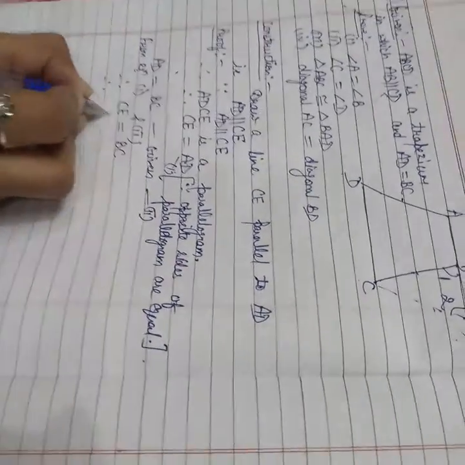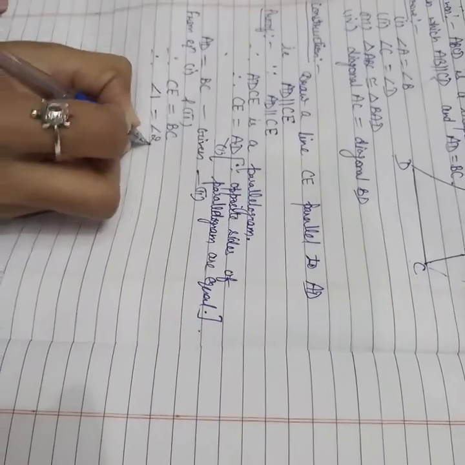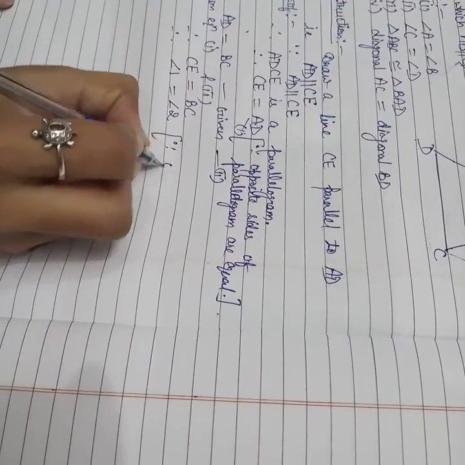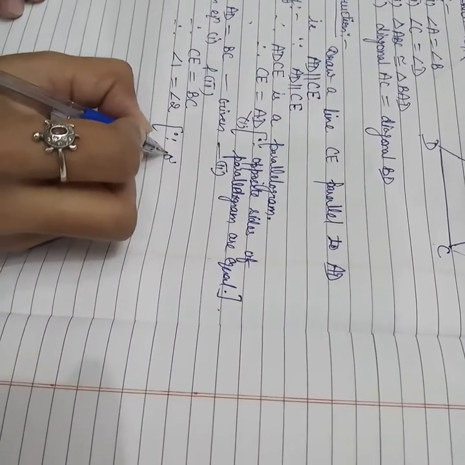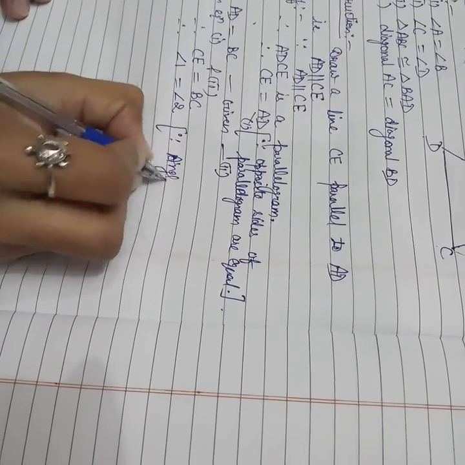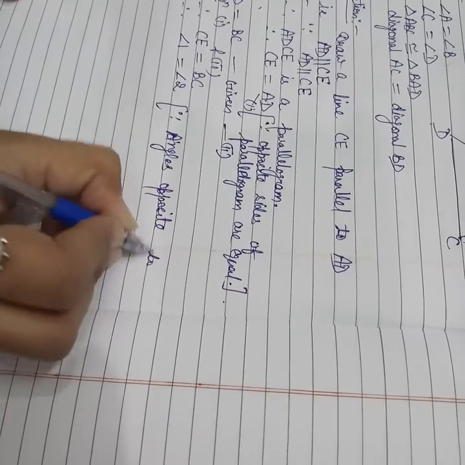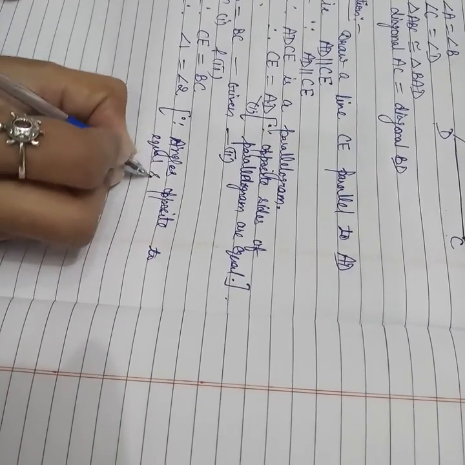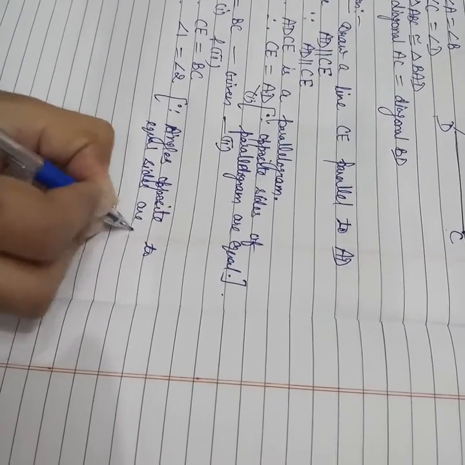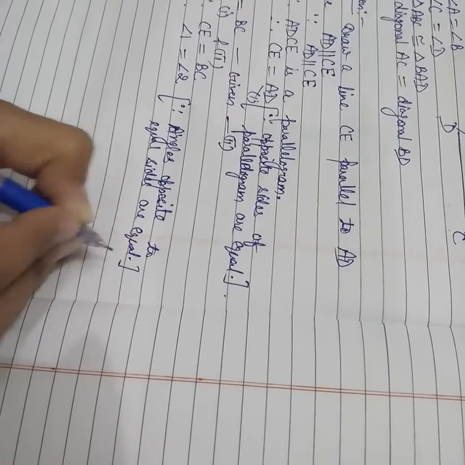Therefore angle 1 equals angle 2, because angles opposite to equal sides are equal.